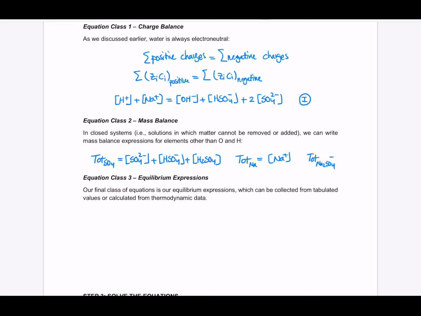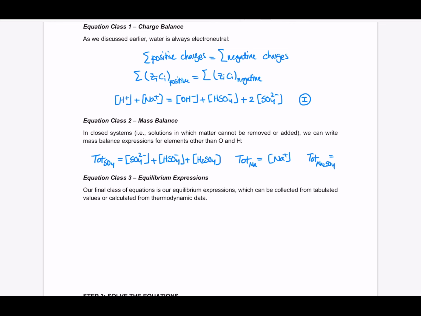For 1 mole of sodium sulfate, how many moles of sodium are we producing? 2 moles.